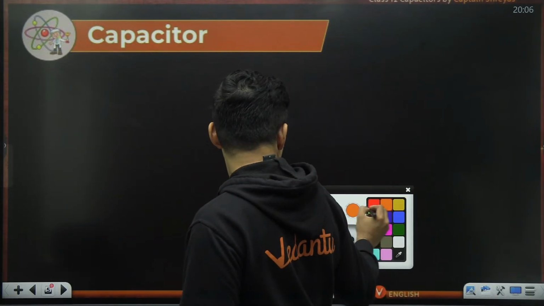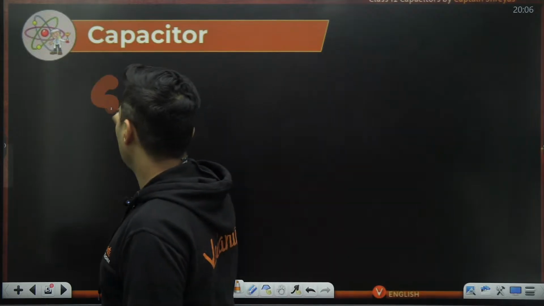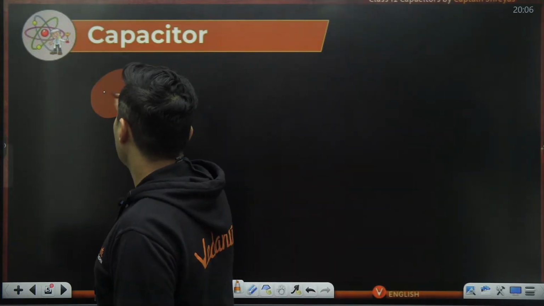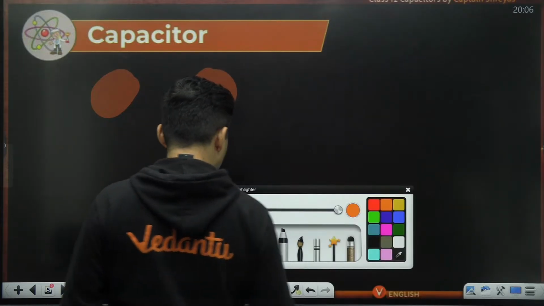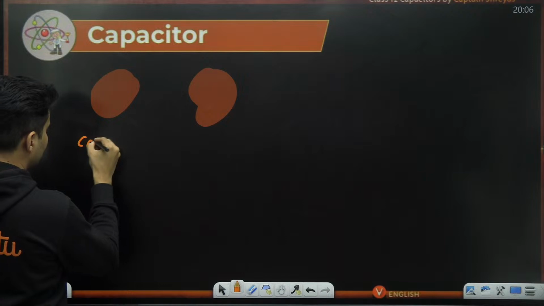Imagine you have a conductor over here and another conductor over here. These are basically two conductors.